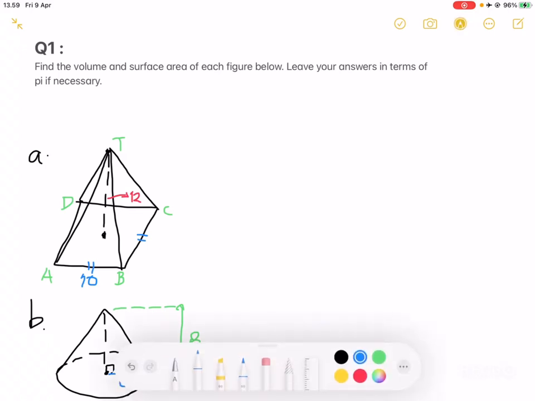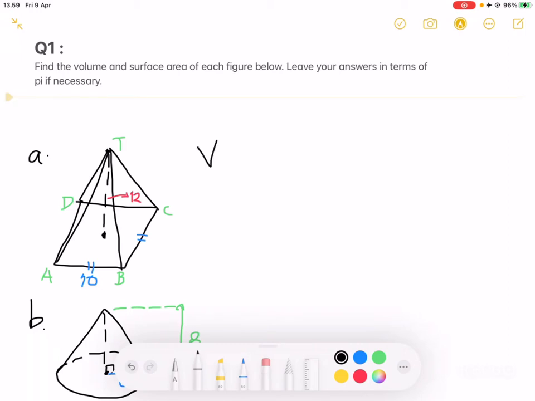Right. So for part A, it is a pyramid with its base being a square, since the side lengths of this base are all equal. So it is a pyramid with a square base which has a side length of 10 and the height of the pyramid is 12.